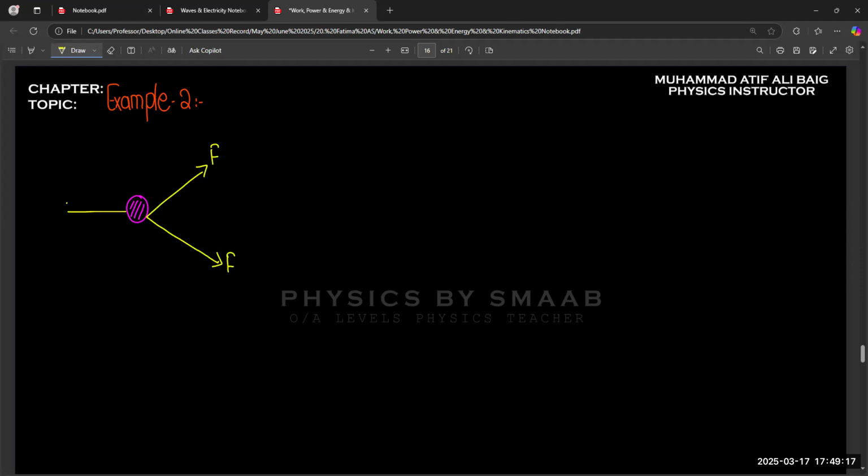Let's suppose another force represented by G, and the weight of the body is acting in downward direction, 100 Newton.